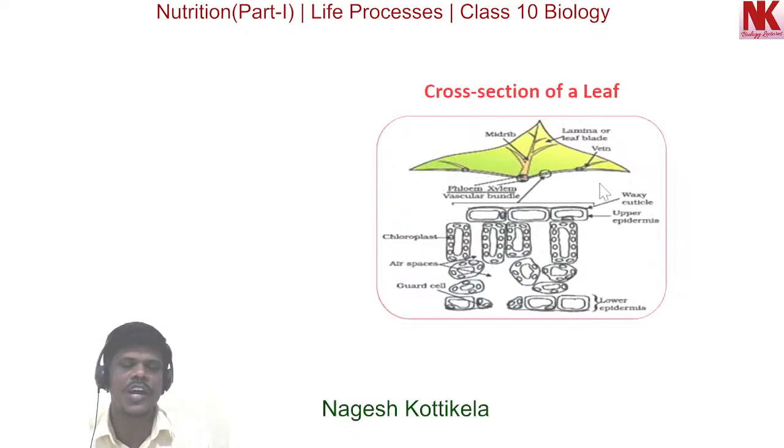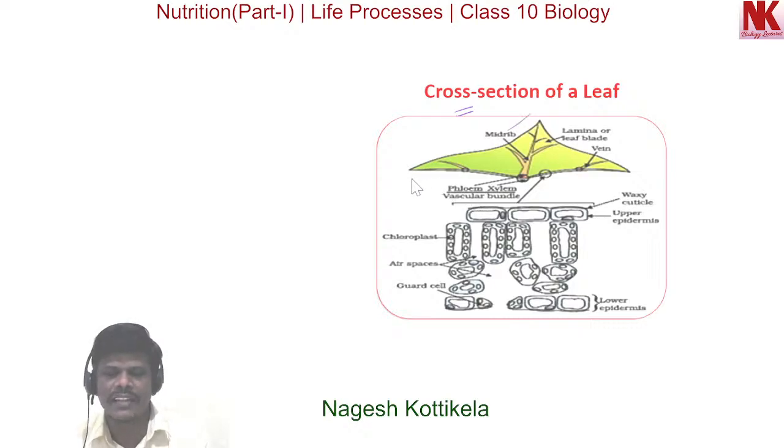Here if we check this diagram, we will understand what is the site of photosynthesis. This is a cross section of a leaf. You can see here, this is a leaf and it is cut, so now we get a cross section of the leaf. This is the upper epidermis.